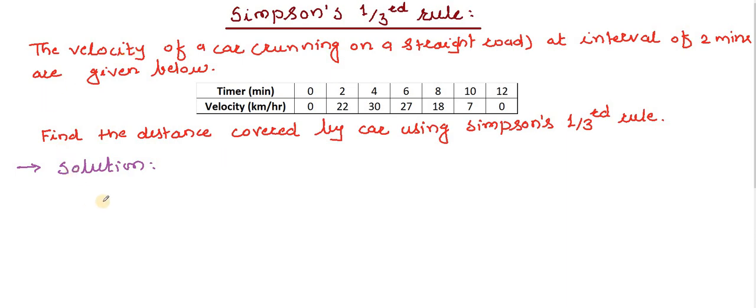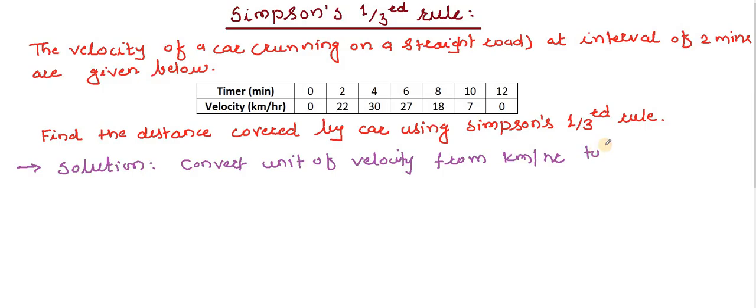Before going to solve the problem, first we need to convert this kilometer per hour into meter per minute, because time is given in minutes. So first we need to convert the unit of velocity from kilometer per hour to meter per minute.